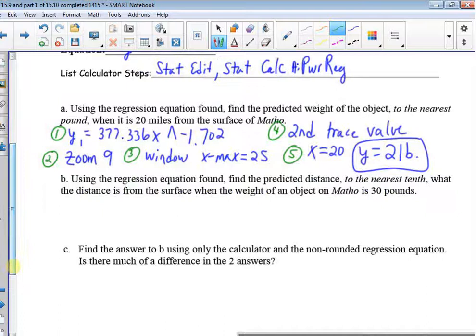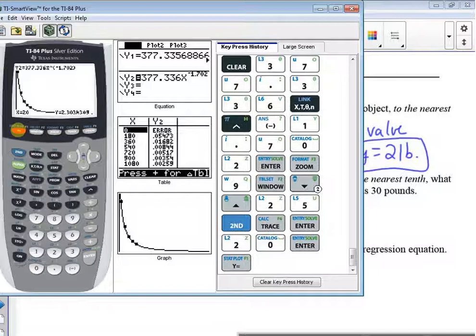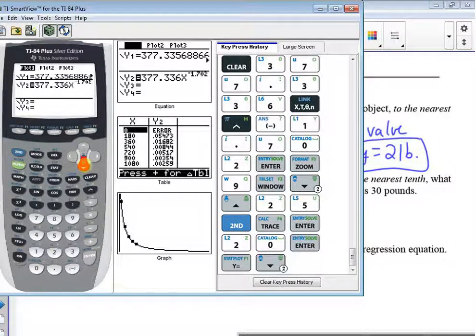Using this same regression, find the predicted distance to the nearest tenth. What is the distance from the surface when the weight of an object on Matho is 30 pounds? So now I'm going to do y2 equals 30, and I will check the window on the graph. So let's go do that. So actually I'm going to put y3, but you can just put this all into y1 and y2, and we can re-enter that original y1 equation.